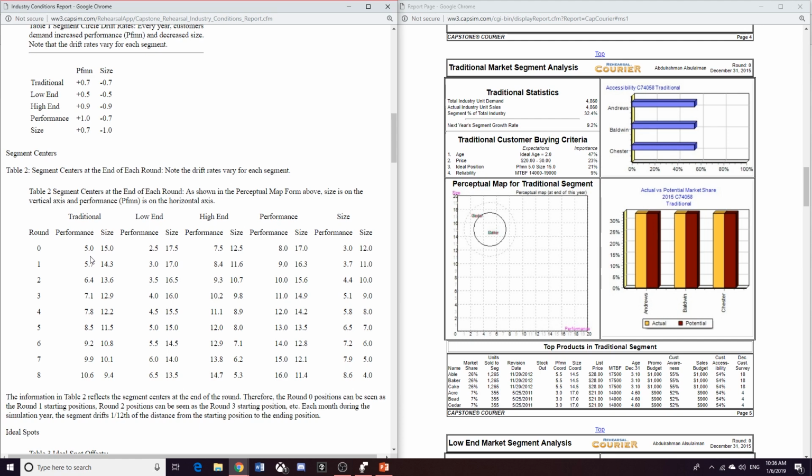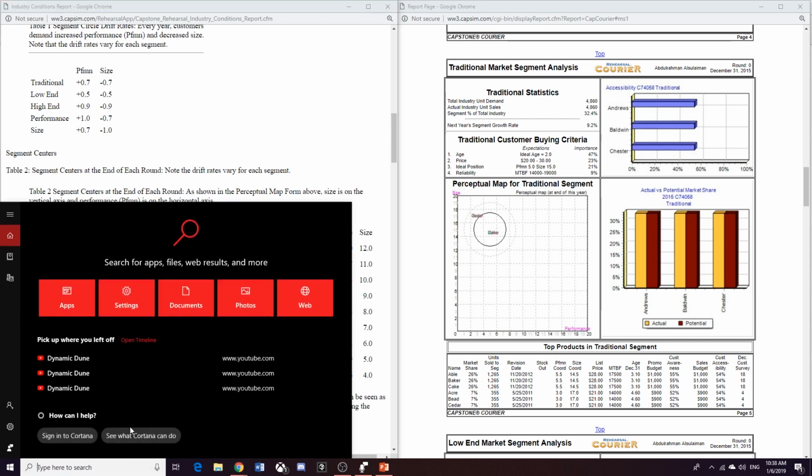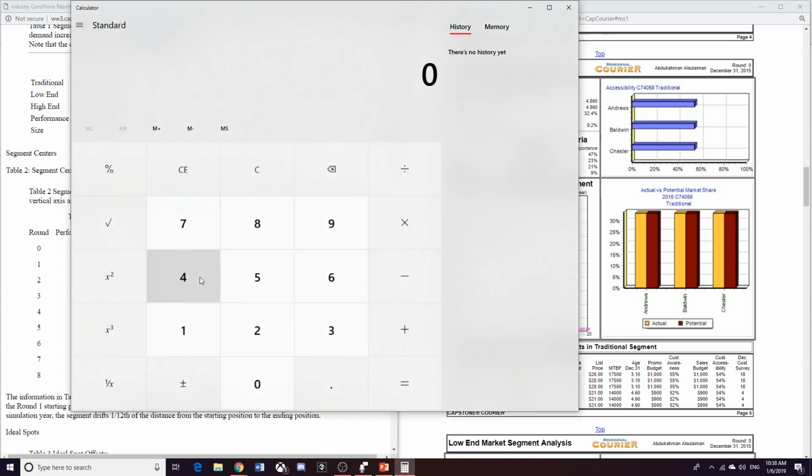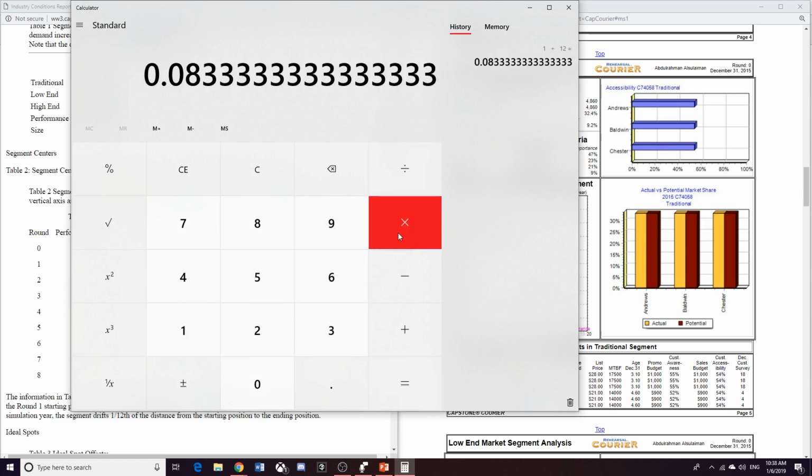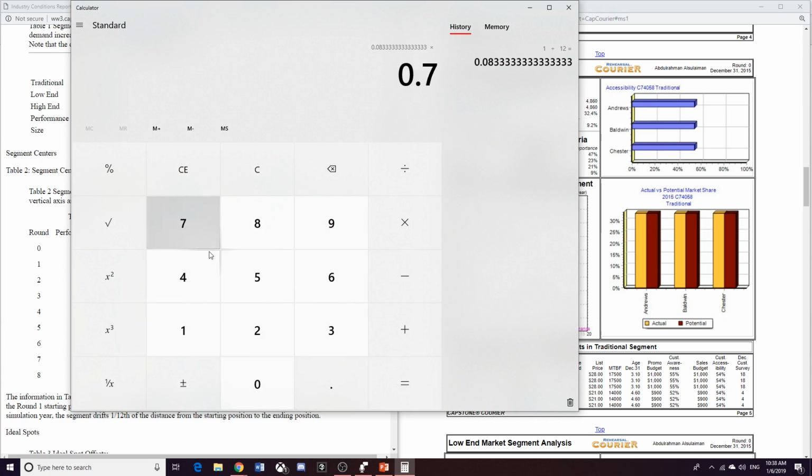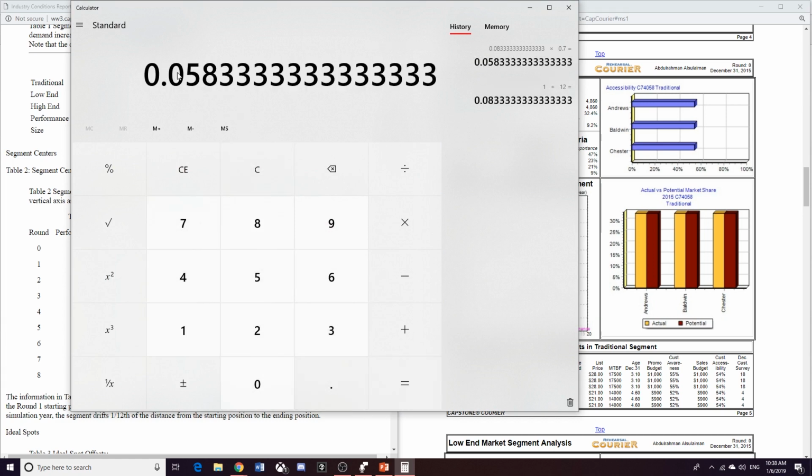Okay, so let me calculate this for you to show you how you can calculate this. Let's go to the calculator. We go 1 divided by 12 equals this, multiplied by 0.7, and you will get this number. So each 1 month of the simulation, the segment drifts by this, right? Let's say, for example, we want to know how the segment is going to be positioned in June.